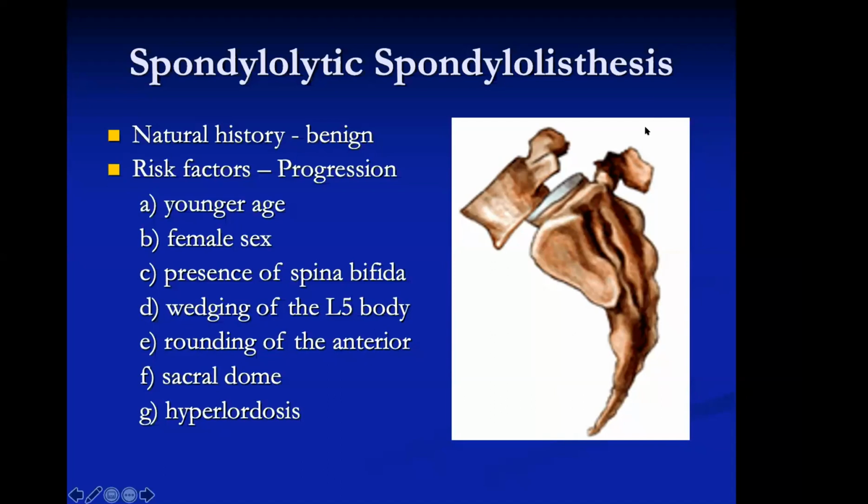So when 100% of load goes to the anterior column, what will happen? The disc degenerates fast. The L5S1 disc degenerates fast, and this causes significant back pain. Also, there is irritation of the pars surfaces against one another, which causes pain in extension.